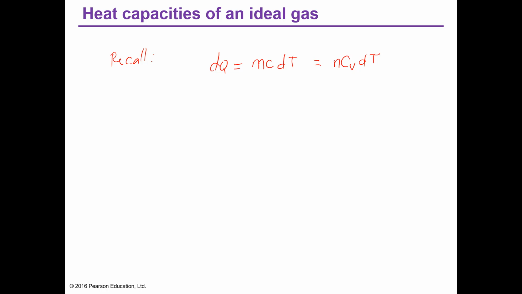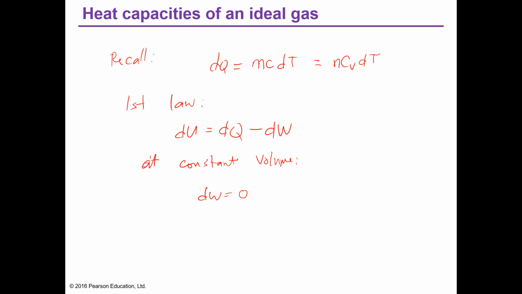Now, using the first law of thermodynamics, we have this: dU is equal to dQ minus dW, the internal energy change is equal to the heat minus the work. And at constant volume, we have to take note, what will happen to work? Work is equal to 0 because there is no change in volume.